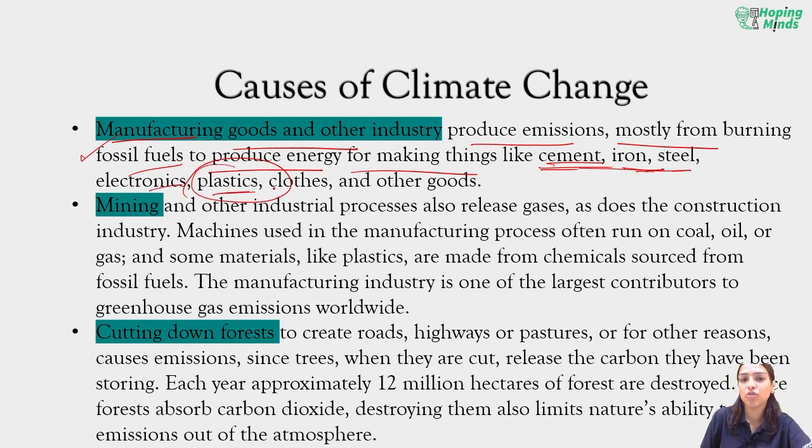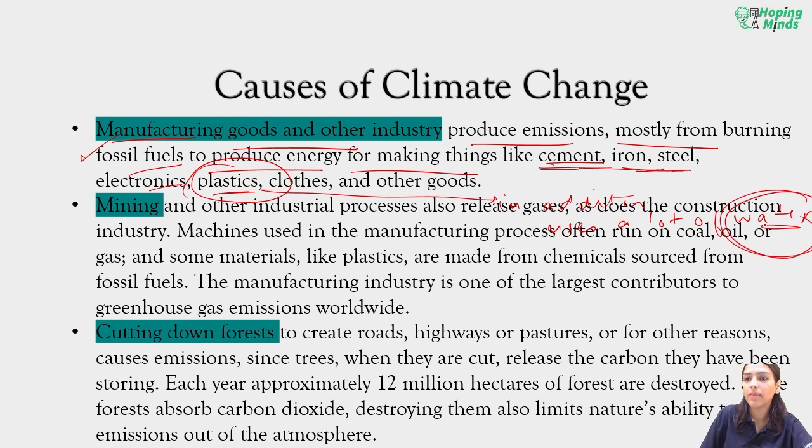The plastic industry, in addition, uses a lot of water. Plastic uses a lot of water. Cloth manufacturing, again, the textile industry.